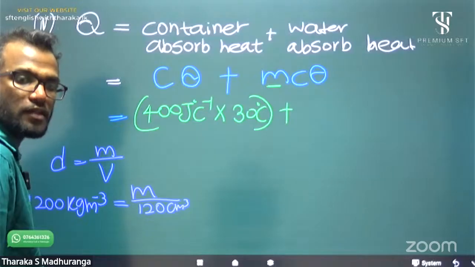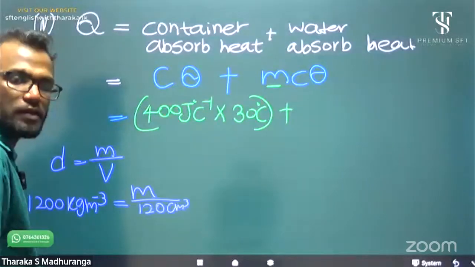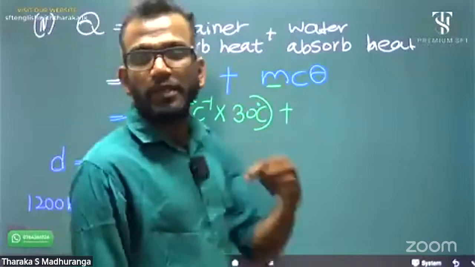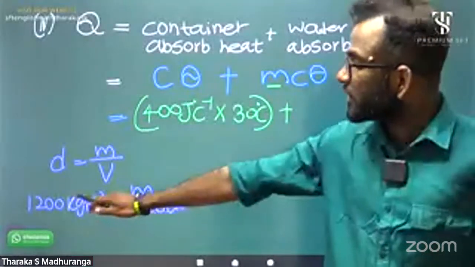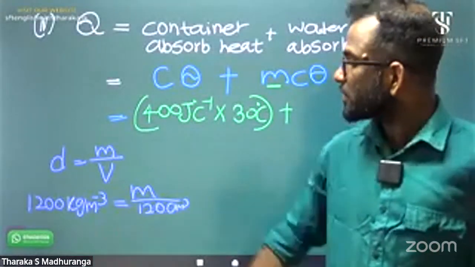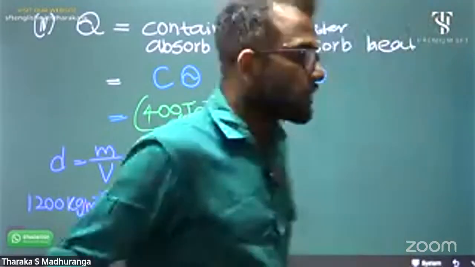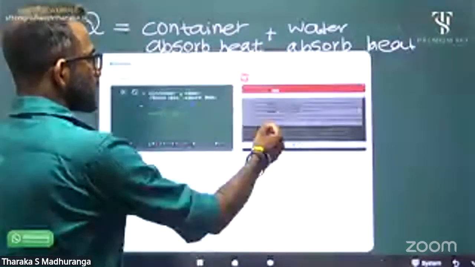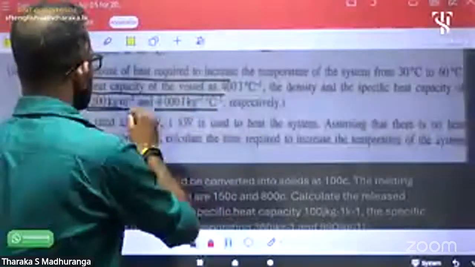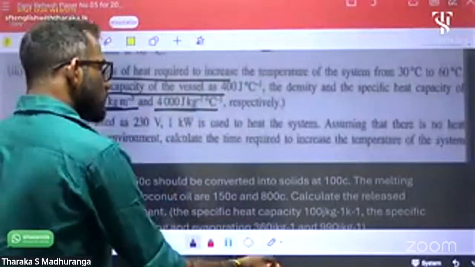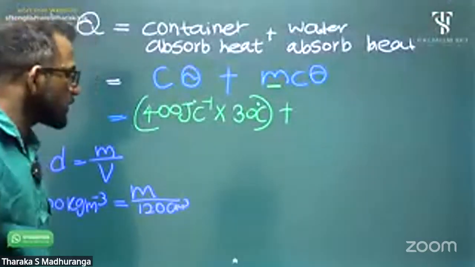It's another problem. The density is given as 1200 kg m^-3, which means kilograms per cubic meter. Now how do we convert cubic centimeters into cubic meters?